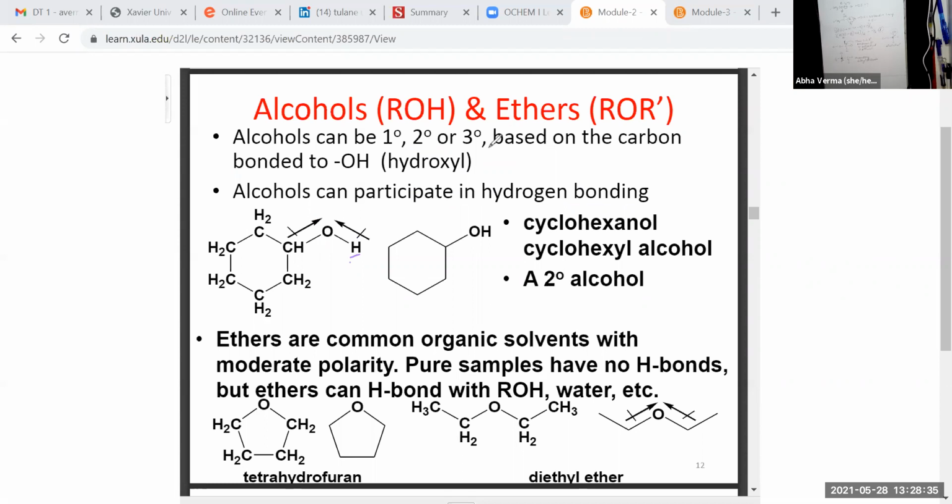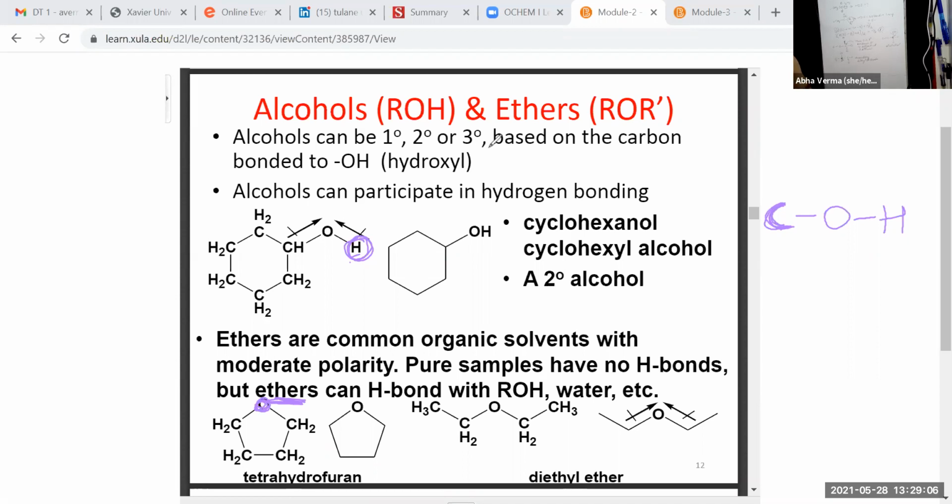But this hydrogen bonding is missing in our ethers. Why is that? Because there is no hydrogen next to the oxygen in the ether. So what is the pattern that we see? For a regular alcohol, this is the pattern. So this is the carbon. This carbon would be primary, secondary, tertiary, or any other way in an aromatic system or anything.